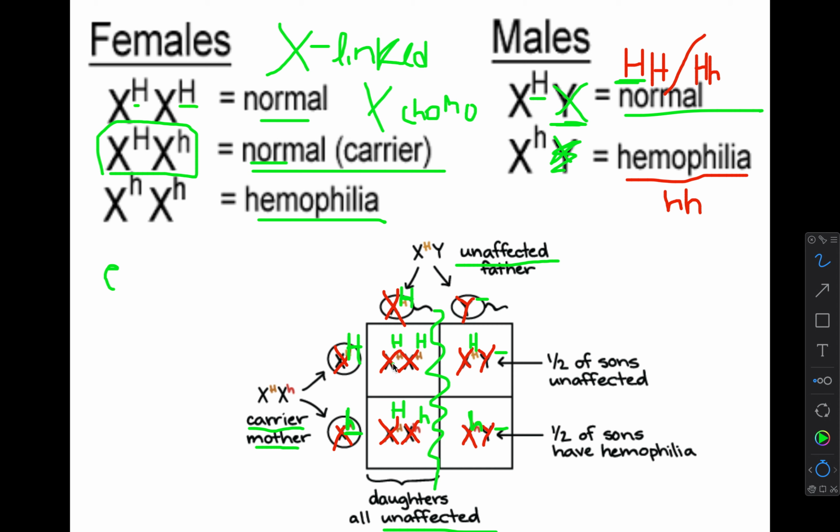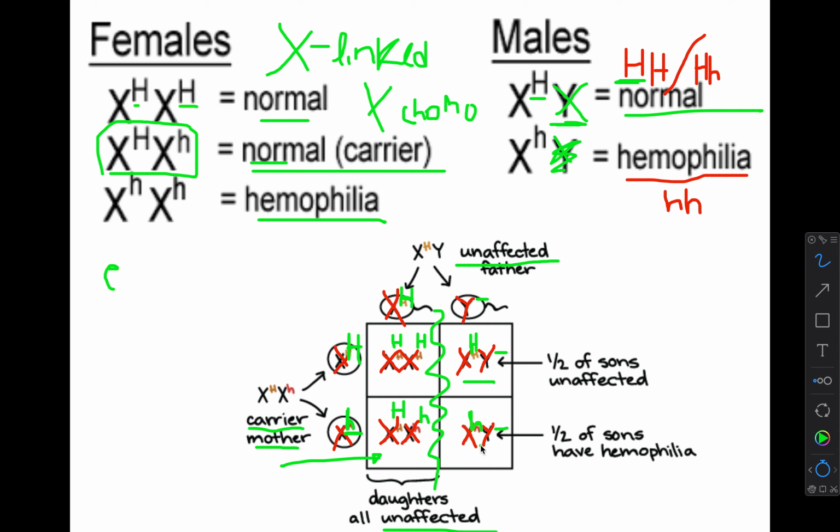None of the daughters, if they have a daughter, it will not have hemophilia. However, one of the daughters is a carrier, right? This daughter is a carrier. We go over here to males, we see that this male is going to be normal, right? Because they don't have any hemophilia.